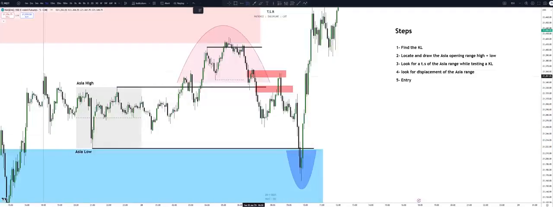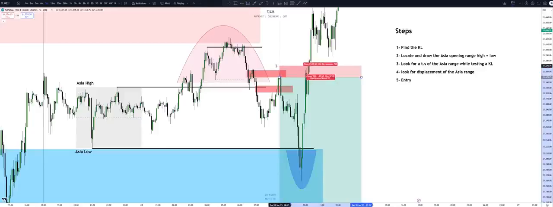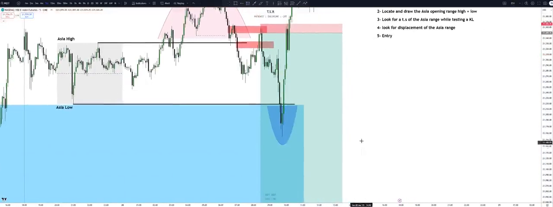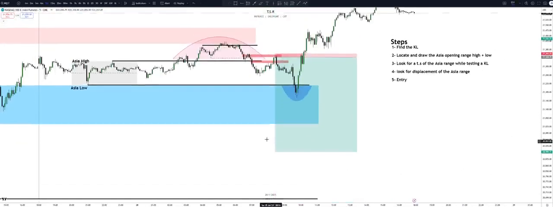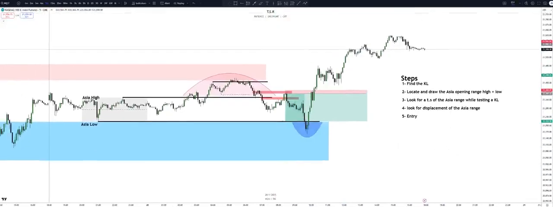For example, let's use this 5-minute fair value gap as an entry. We would put our stop loss right above this level right over here. Have the take profit level at the Asian range low.